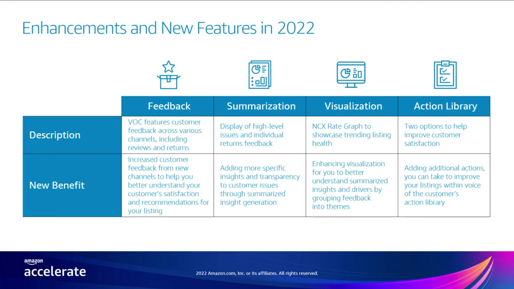Second, we're improving how we deliver that feedback to you. We're leveraging machine learning to enhance our summarization technique to enable more insights in tiers. Currently, you can only see the return reason from the negative experiences. And sometimes when available, the order ID and the direct feedback left by the customer is available.